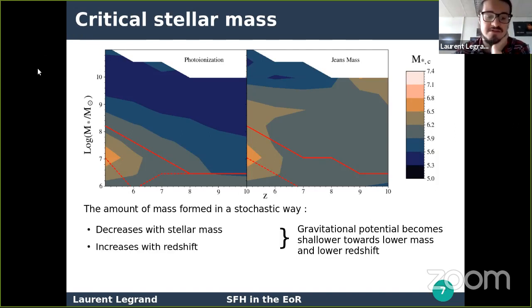And here we can see that for the same reason as before, the amount of mass that is formed in a stochastic way, so the transition mass, decreases with stellar mass and increases with redshift.